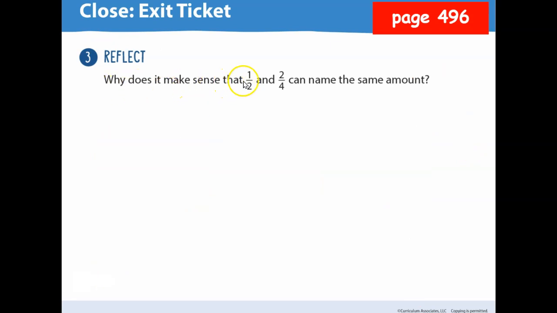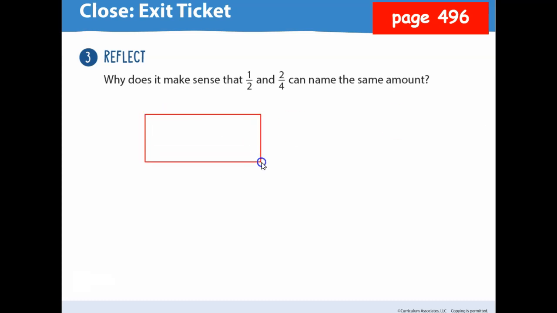Okay. Now look. It says, why does it make sense that a half and 2 fourths can name the same amount? What do you think? They're both a half, okay. But why does it make sense?